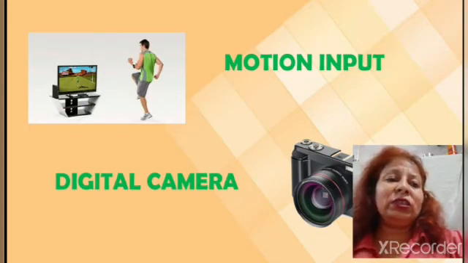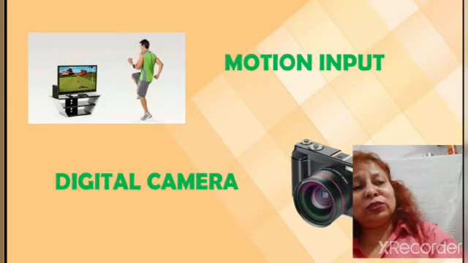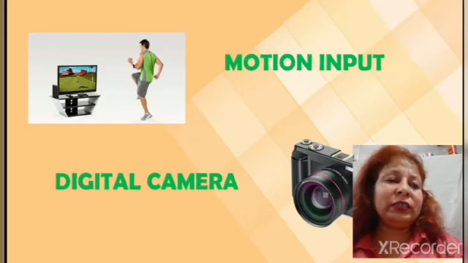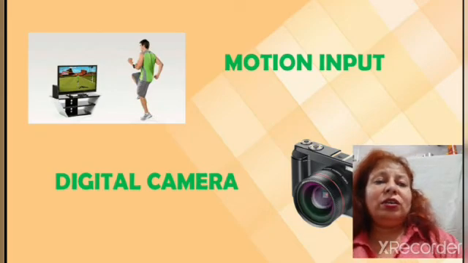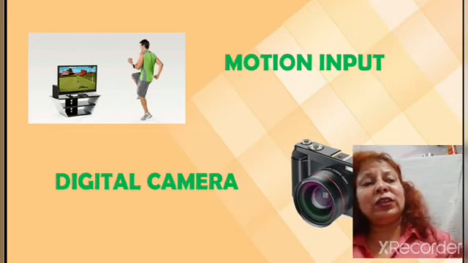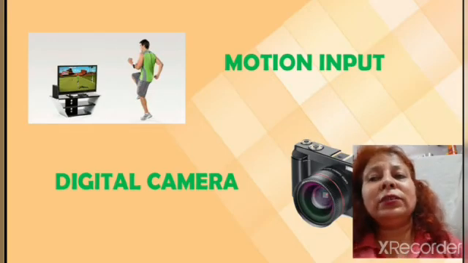As you have seen on PlayStations, when you are playing games, you move your hands to hit the shuttle with the racket, and in the game you hit the shuttle. In reality, you are just moving your hand. You are giving a hand gesture to the game. This is the air gesture.